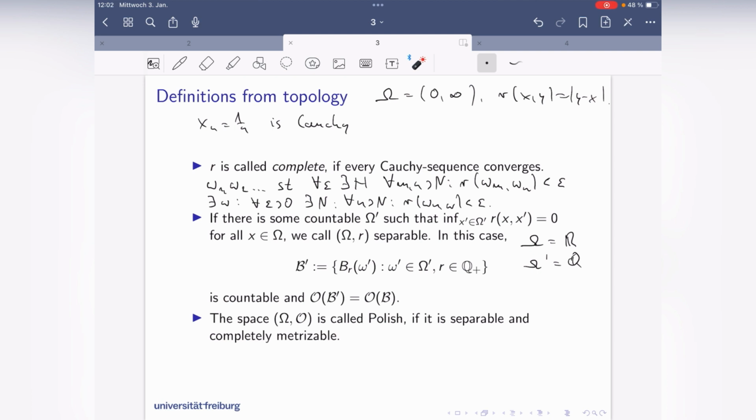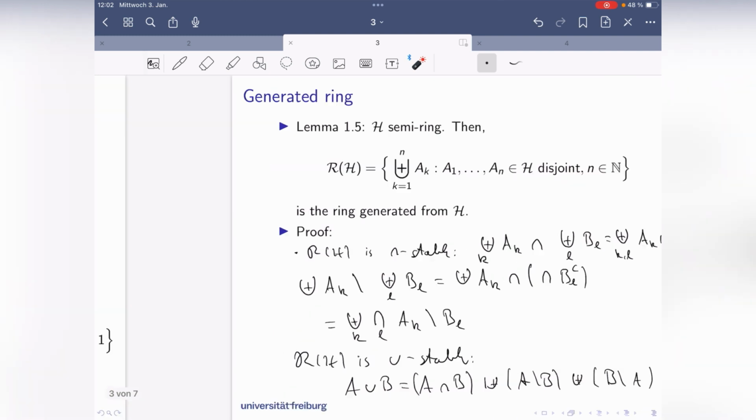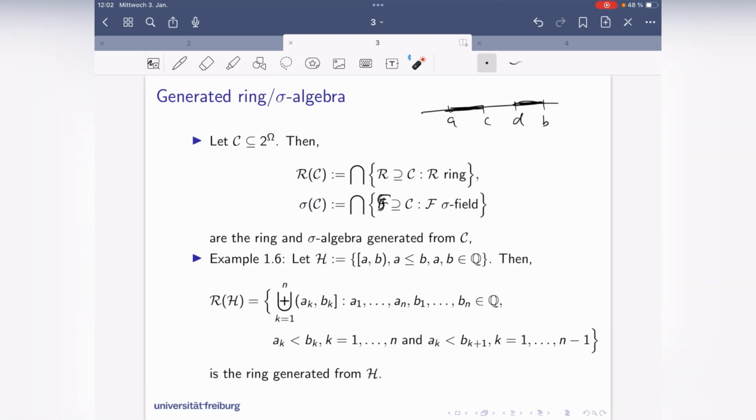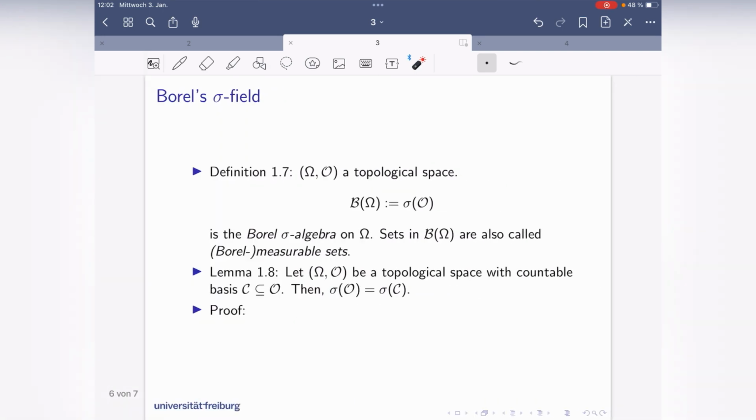Okay, and with this, we now have recalled what a topology is, and we can come back to our sigma algebras and sigma fields, in particular to this definition here. So the sigma algebra generated by some set system, which could also be a topology. And if that's a topology, we call the generated sigma algebra the Borel sigma algebra.